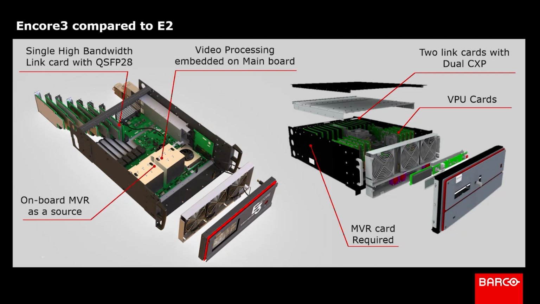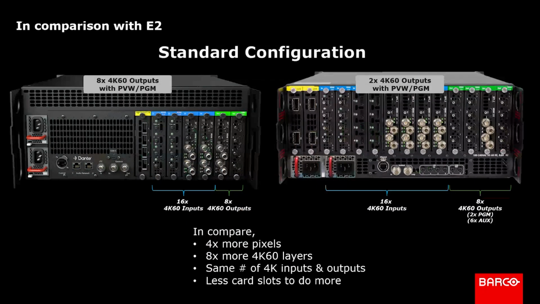But the Encore3 has two larger FPGAs that allow us to use cool stuff like onboard NVRs as a source. All the video processing is done on the main board. It's just all right there, really quickly, easily accessible. Of course, both units had field swappable cards, not hot swappable, but field swappable.